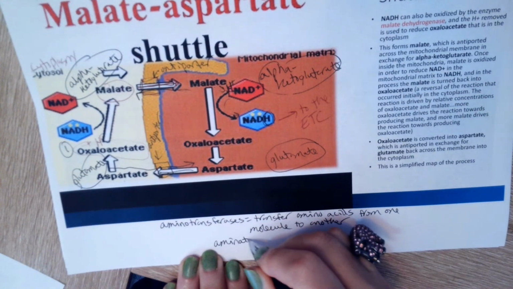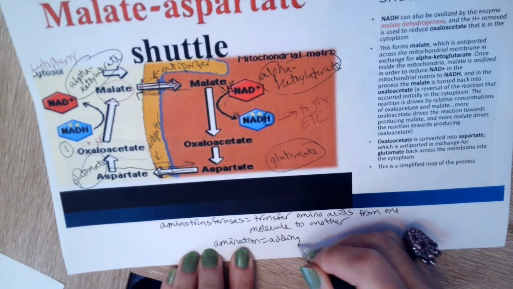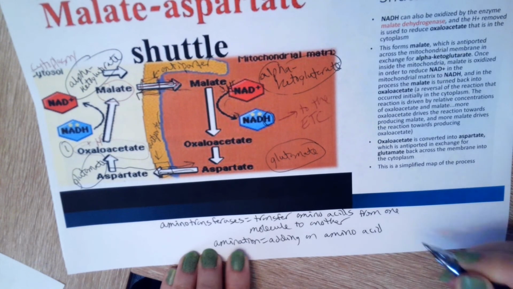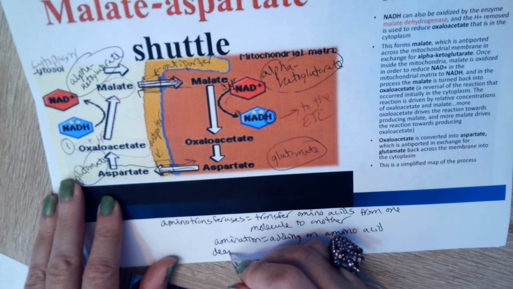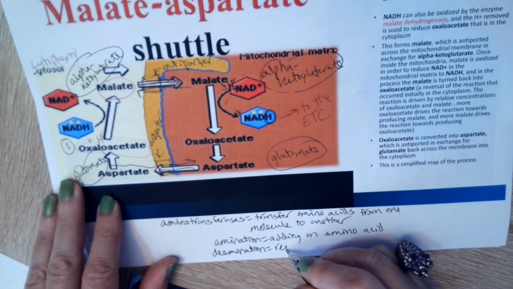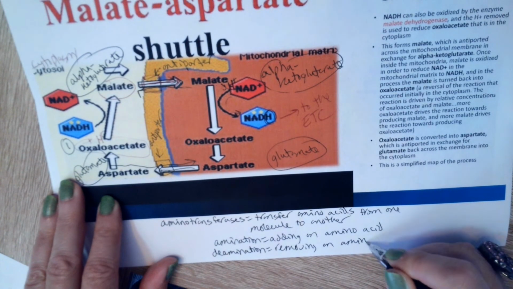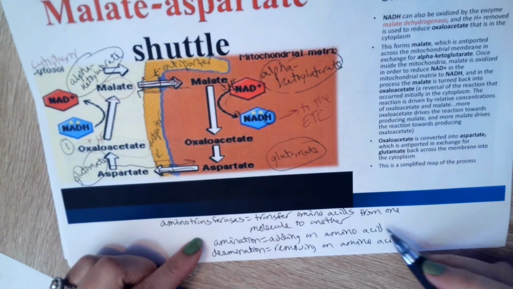So amination means adding an amino acid to something. If you take the amino acid away, that's deamination. So you're removing an amino acid. And those are paired together.